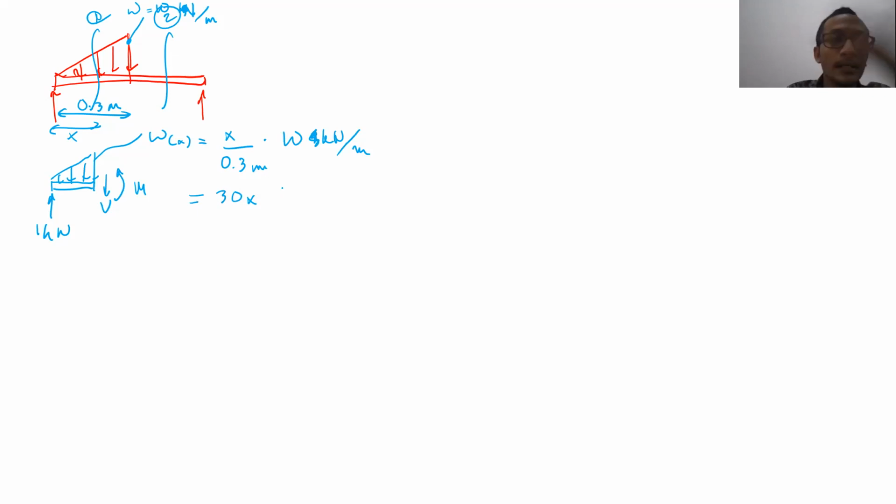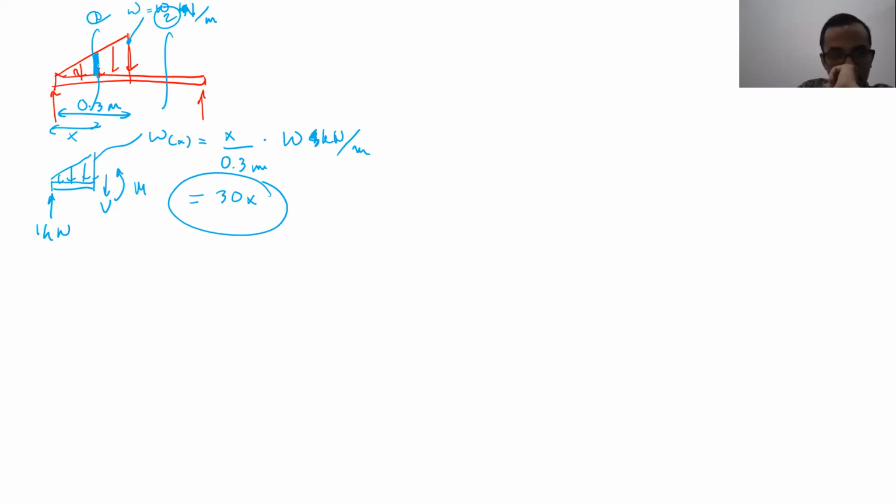So basically, this one is mathematics. We just need to find the value of W at X. So it does not have anything to do with the location of the resultant, not yet.